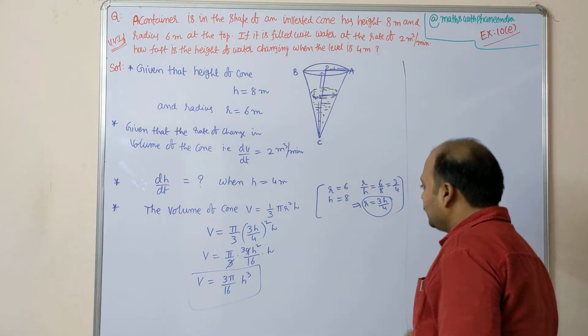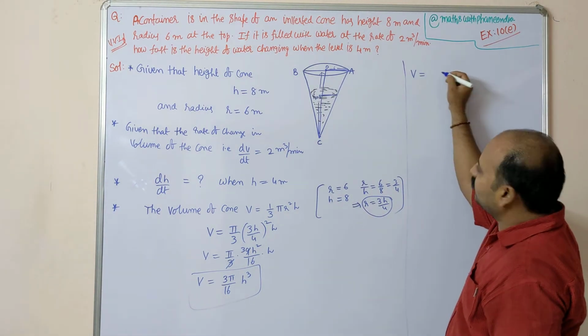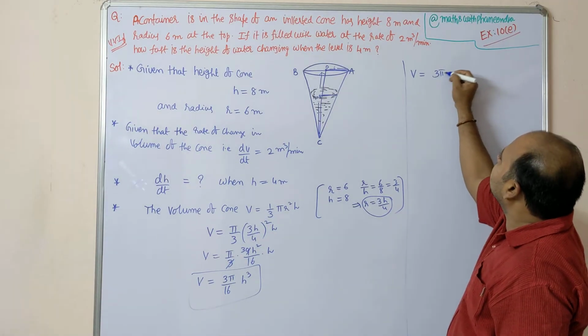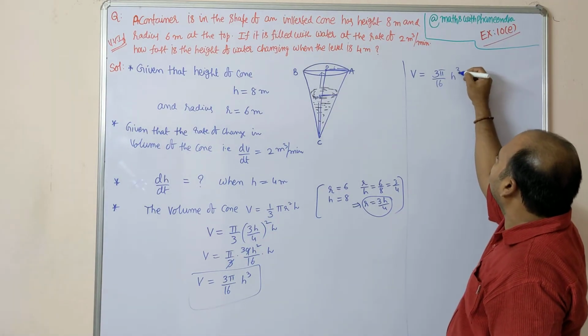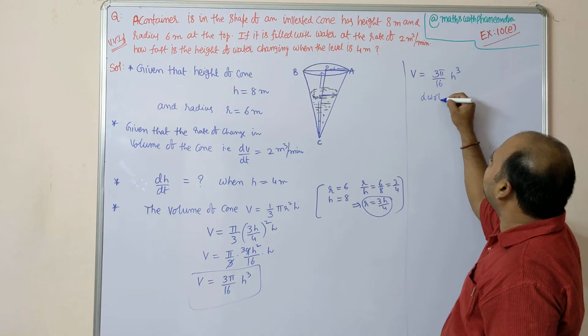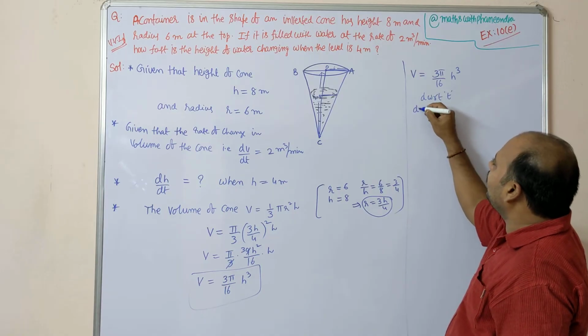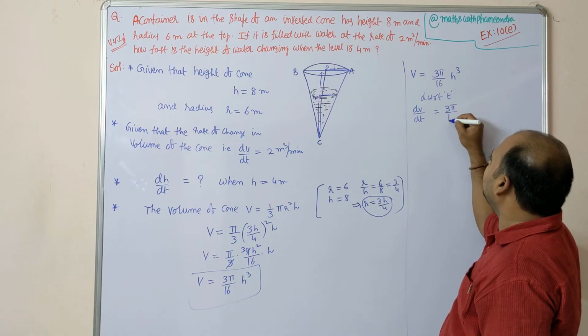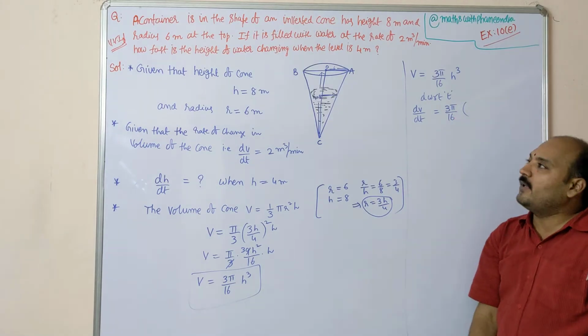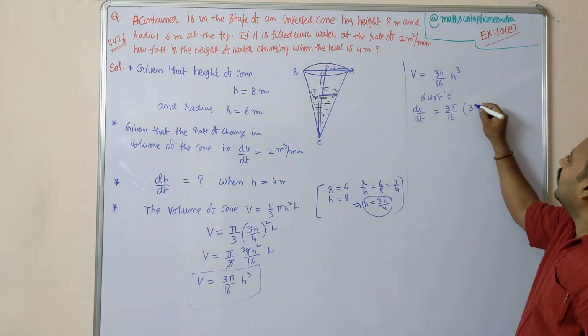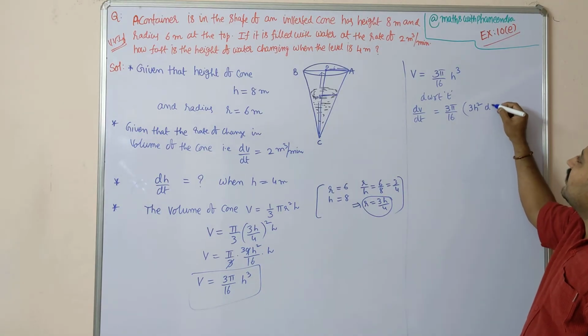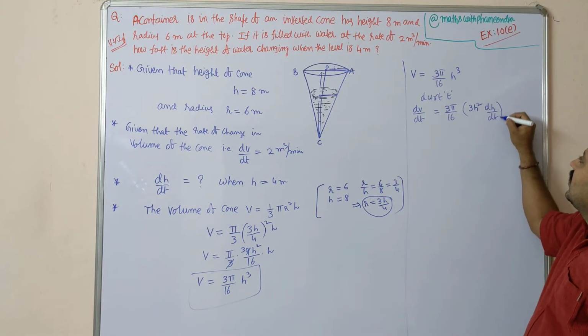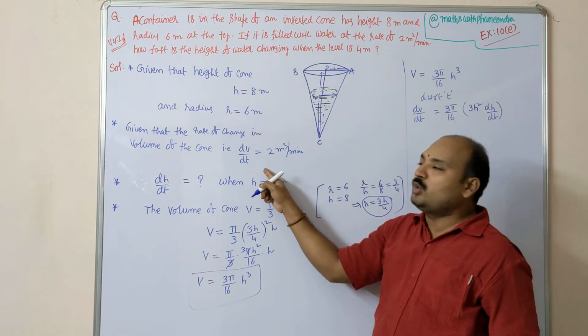Now come to the question. V equals 3 pi by 16 into h cubed. Differentiate with respect to t. dV by dt equals 3 pi by 16, and d by dt of h cubed is 3h squared, times the derivative of h, which is dh by dt. dV by dt value is given as 2.